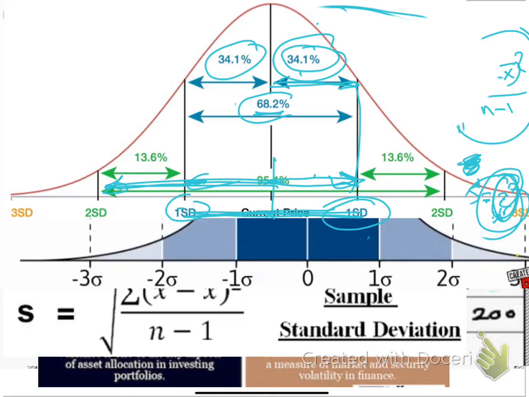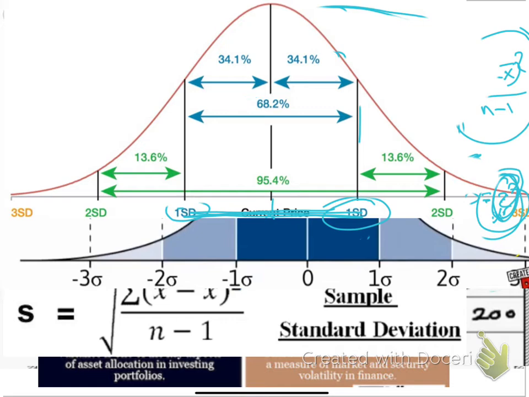If we add to this, we have 95%. It is represented by 2 sigma, which is here. Let me highlight it to you: 95.4% is represented by 2 sigma.